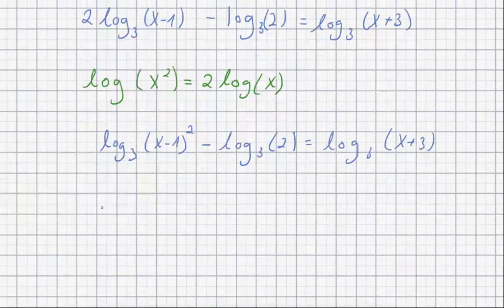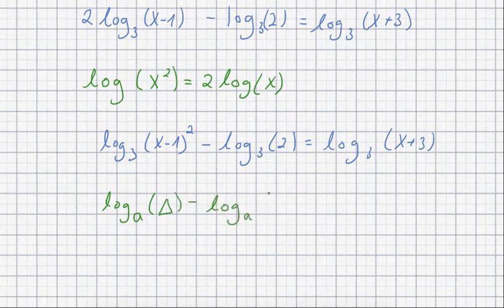Now for the other rule. The other rule says that if you have log with a base a, which just needs to be the same base, of something, let's say I will use shapes, I think it will be easier, let me know if it confuses you, minus log with the same base of something else, let's say rectangle, it equals, it has to be the same base for it to work, log with the same base of the triangle over the rectangle. So this one divided by this one.